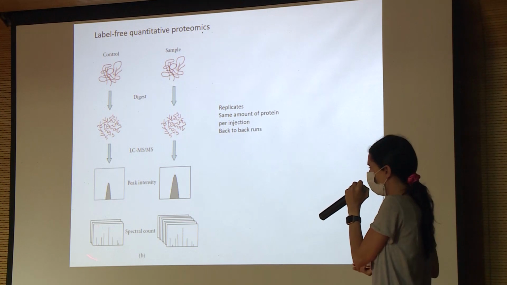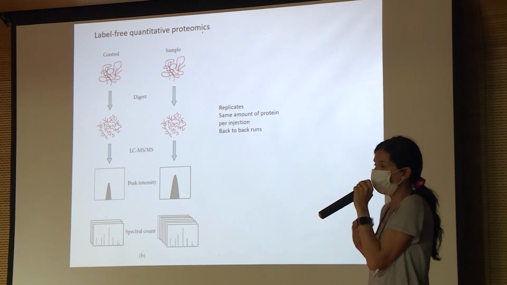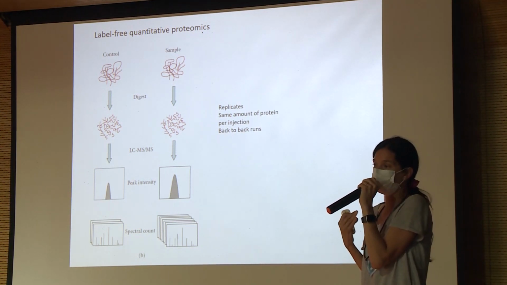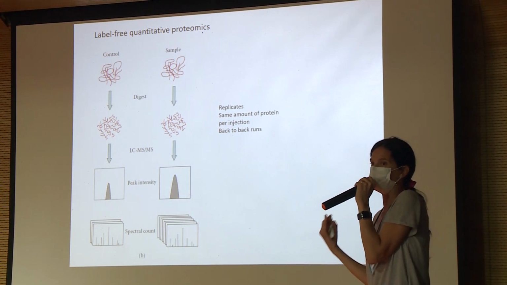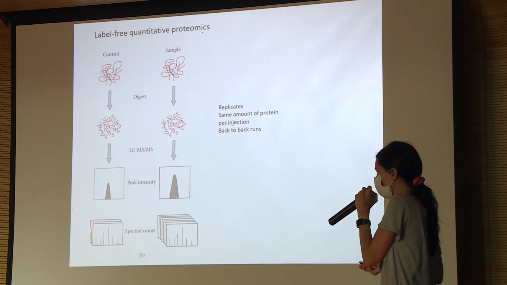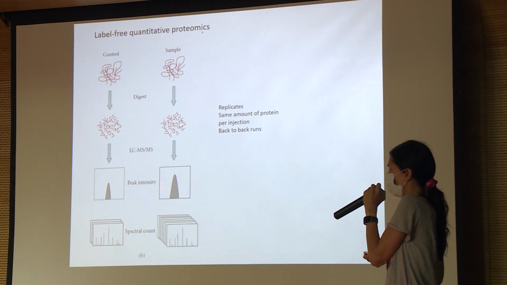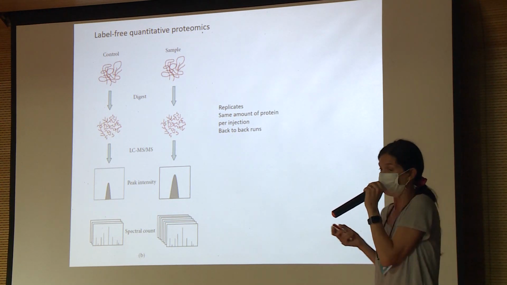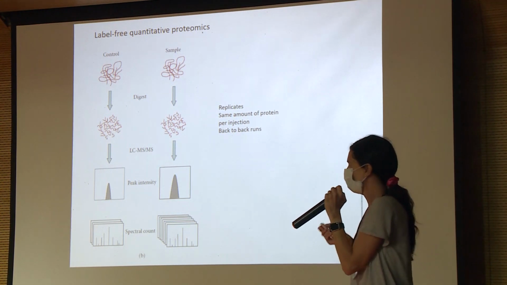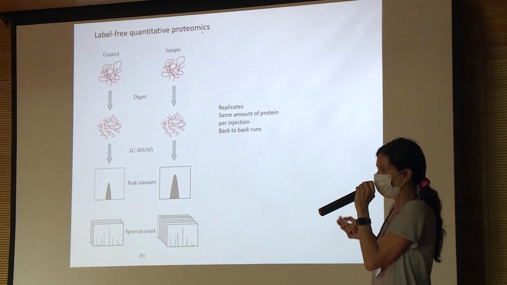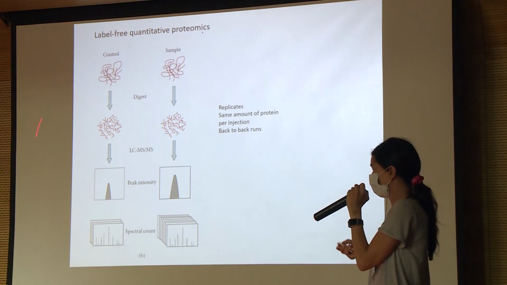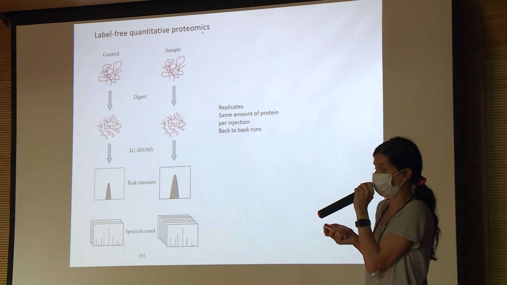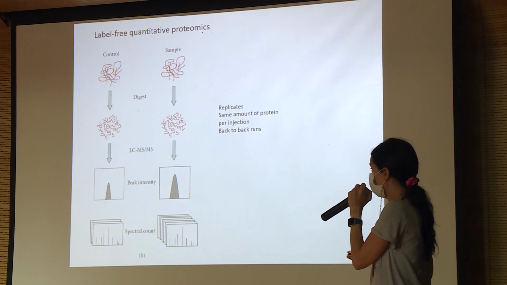So the number of spectra that each peptide has is related to its relative abundance in a sample. So you can also quantify based on spectral quantities. So peak intensity, which is sometimes called extracted ion chromatogram quantification, because it's based on the MS spectrum, or spectral counting.